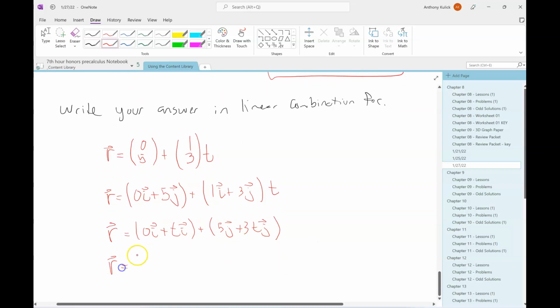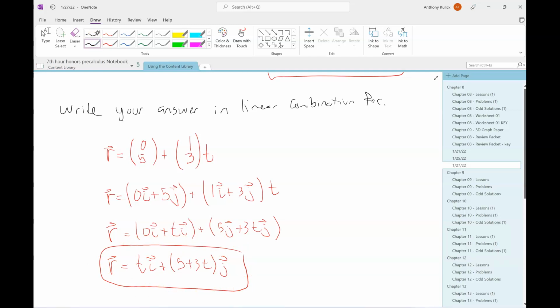So put the i and j parts together. So there's that. Feel okay there?